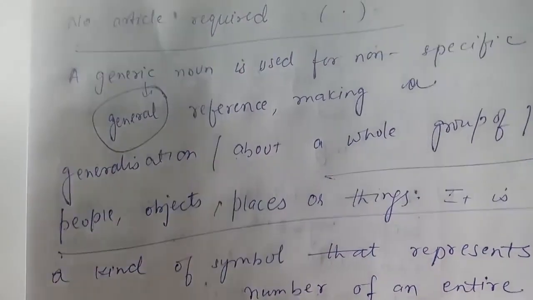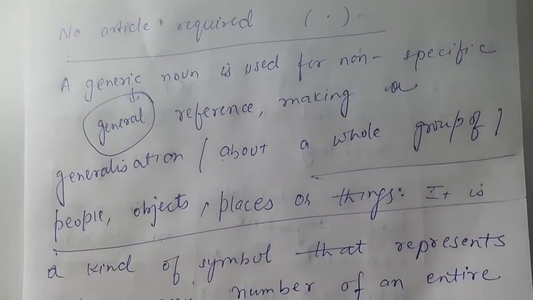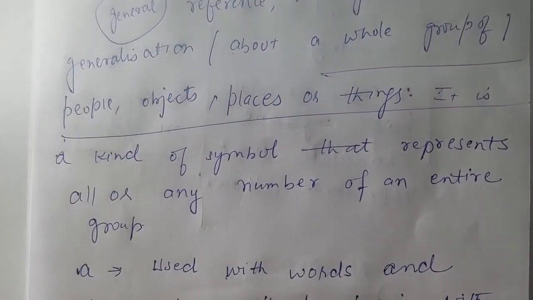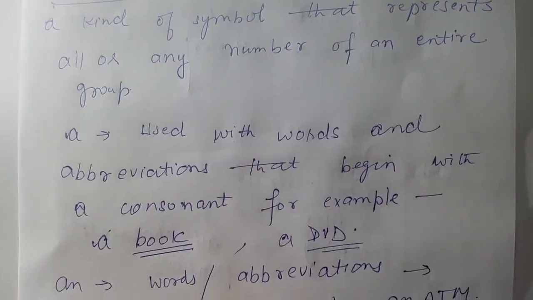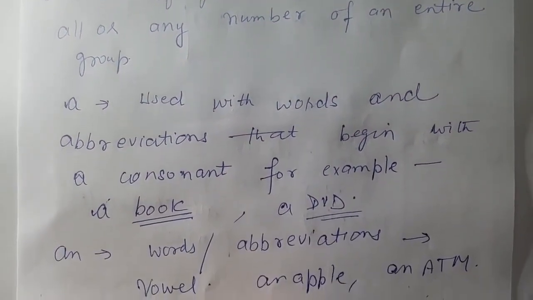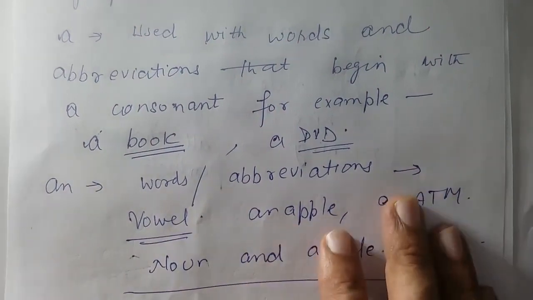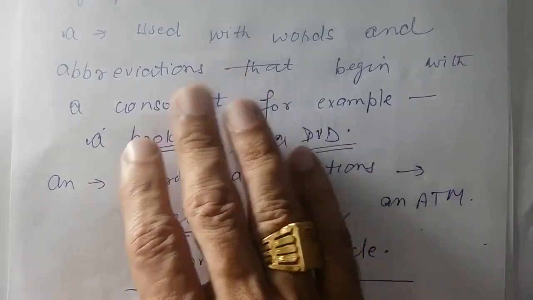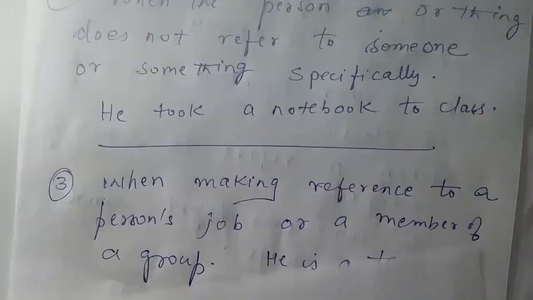That's Parvinder Randhawa Guru. So this is on no article required, where there is a generic noun, and these are a few relations of generic nouns I have told. And then starts my A and N, right? So this is my page number 1 on which I have worked, right?